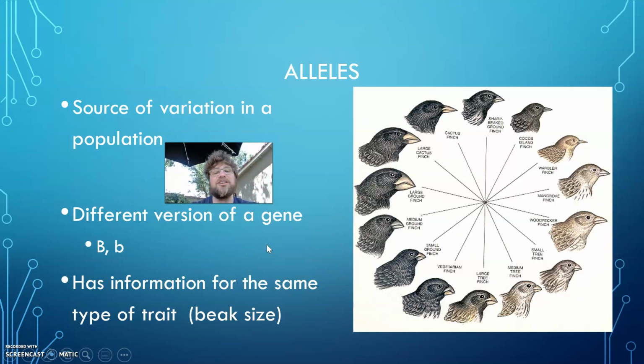With Darwin's finches, there were different alleles for different beak sizes. In a population of finches that Darwin found on an island, each of these different beak sizes is controlled by the same gene, making a protein that builds the finch beak. But each finch is born with a different allele, a different version. You can have one allele, or you can have 100 alleles of the same gene.